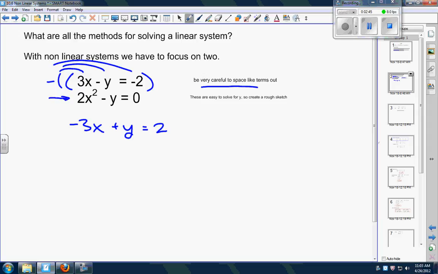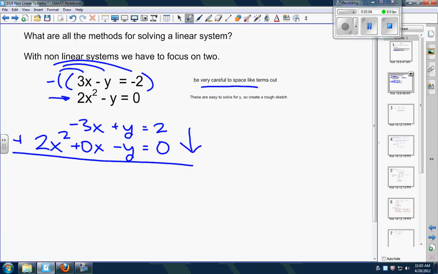Then we have to stack the second equation underneath it, but there's no x term. There's a 2x squared term, so make sure that gets offset here. So you can add in a 0x if you want. It's not going to hurt anything.